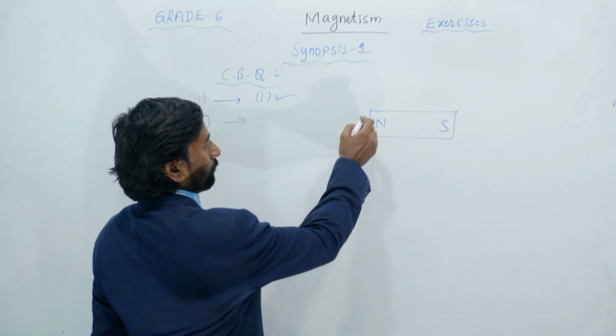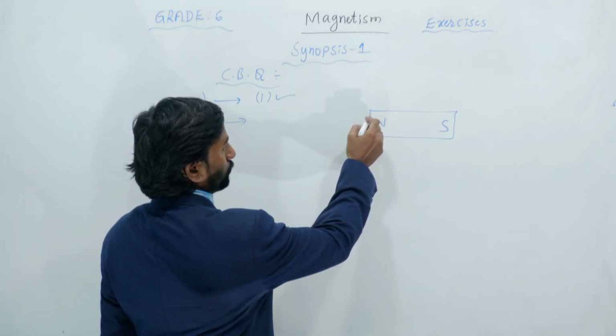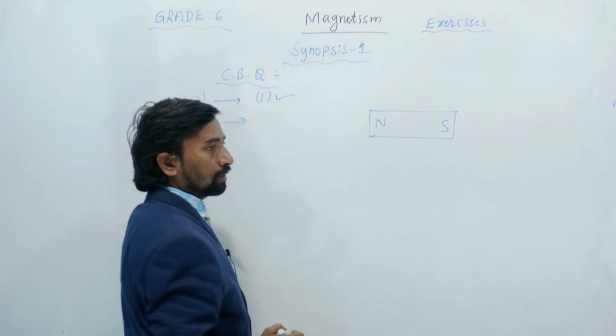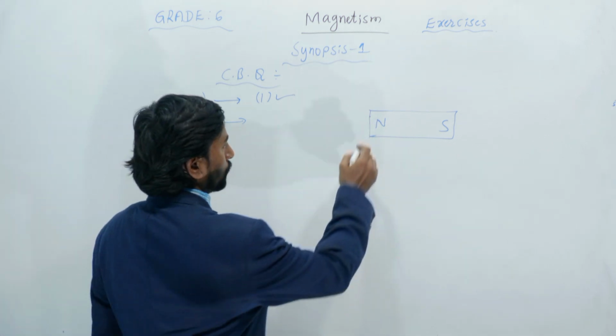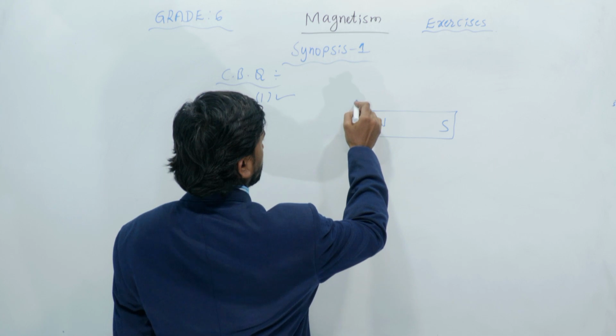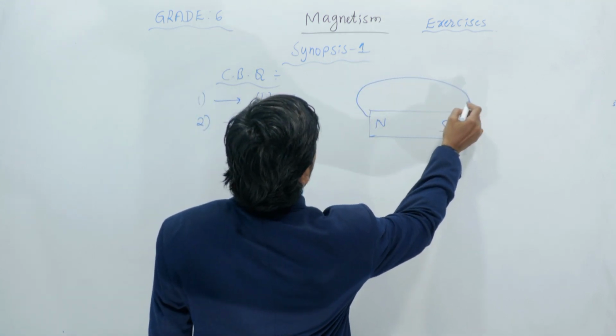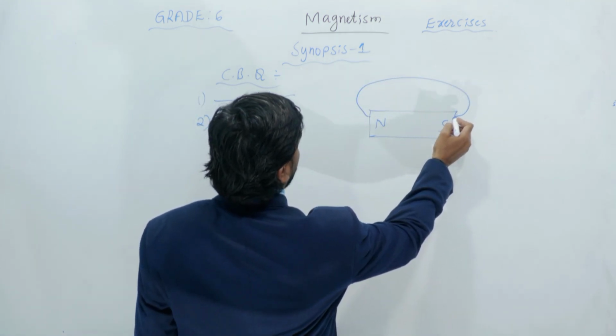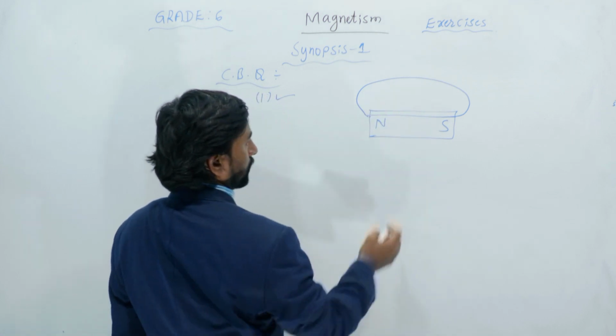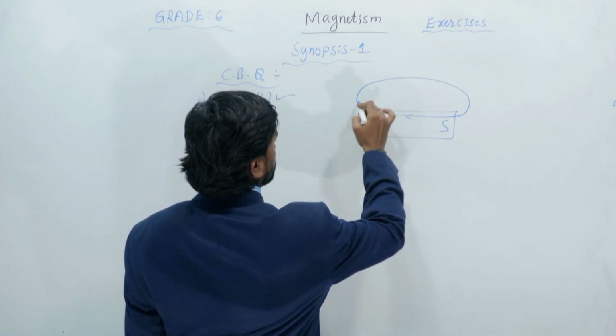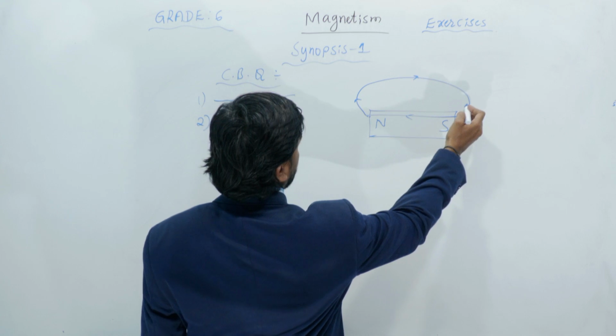From the north pole, the unit north pole will travel from north pole to south pole, and inside the bar magnet, south pole to north pole. Like this, it will travel.